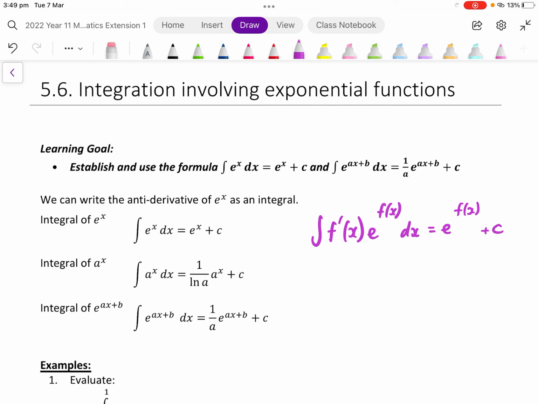We also have the integral of f dash x of a to the fx dx is equal to a to the fx over ln a plus c. Those are our two formulas that we have in terms of exponential functions in our integral calculus list.